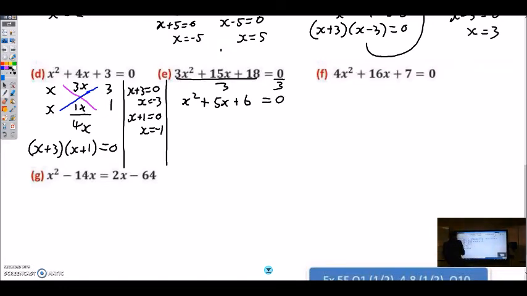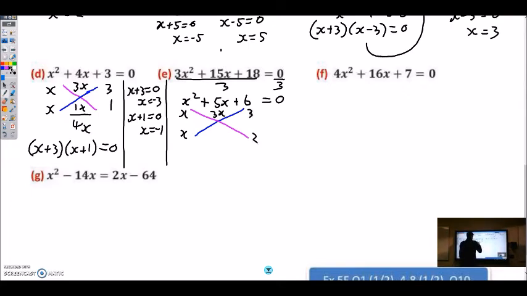I'm going to use my cross factor method. Factors of x squared being x and x. Factors of 6, which will add to 5, are 3 and 2.